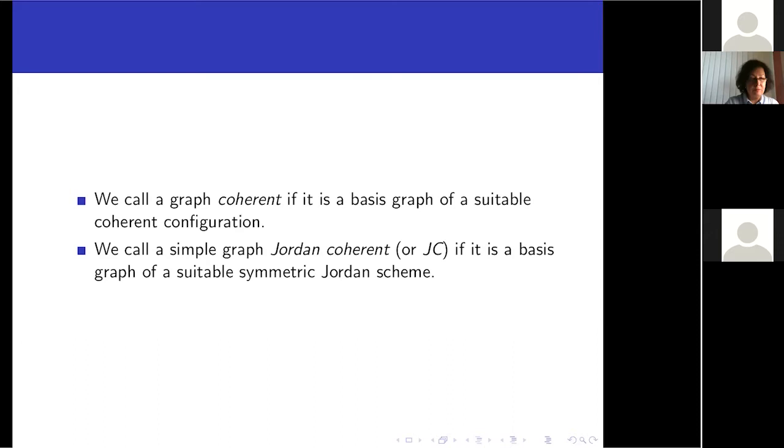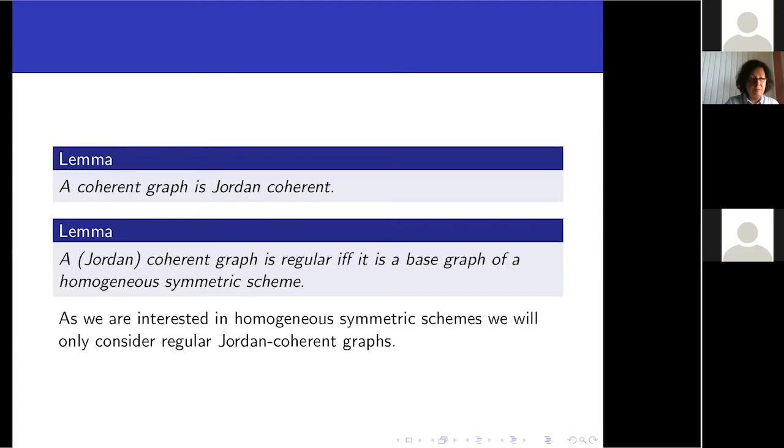Well, why are these graphs interesting? First of all, we can see a connection between these two notions. A coherent graph is certainly Jordan coherent, because every coherent configuration is a Jordan configuration. And a Jordan coherent graph is regular if it's the basis graph of a homogeneous symmetric scheme.